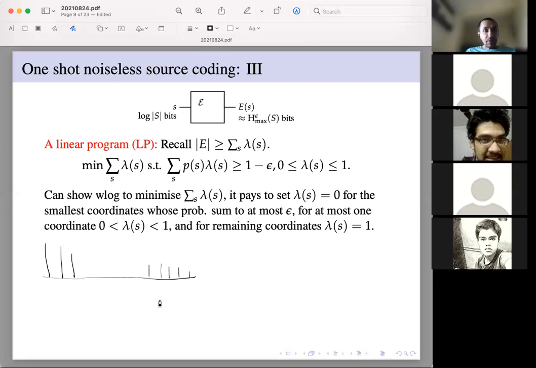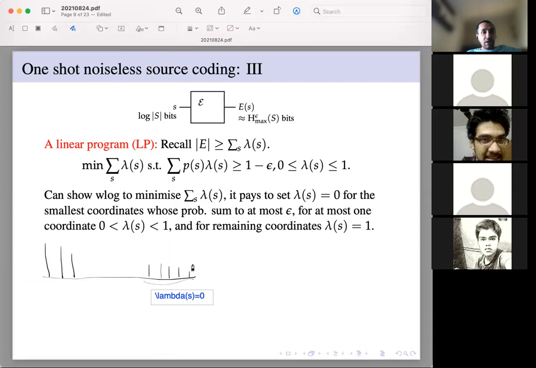Now, what I claim is that it pays to set lambda S equal to 0 for these guys. What is the total probability in these small guys?